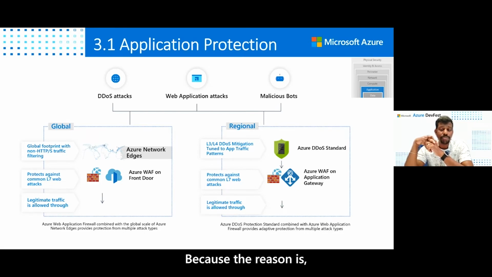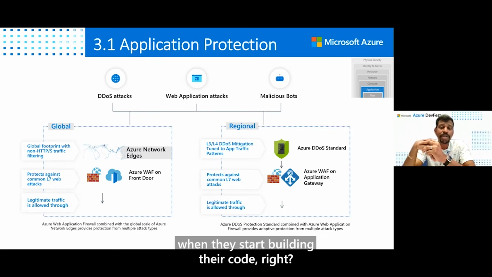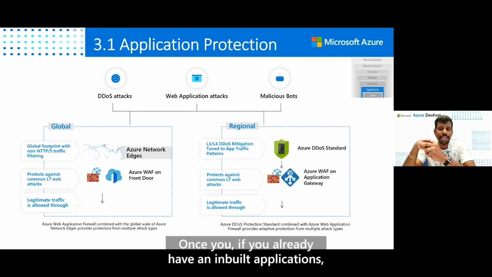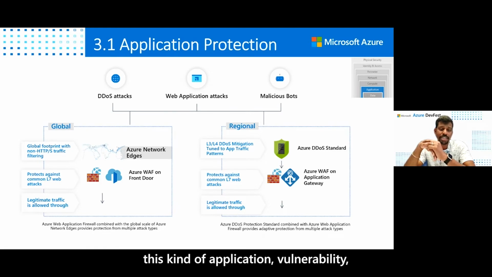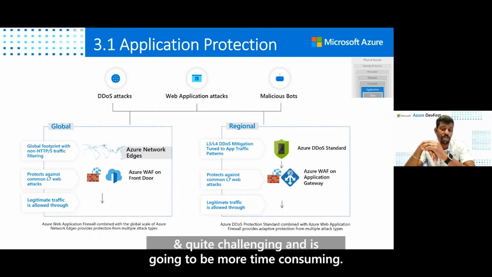The reason is it may require your developers to think about security as part of the design when they start building their code. If you already have a pre-built application, then incorporating these application vulnerability security features into the code is going to be quite challenging and more time consuming.